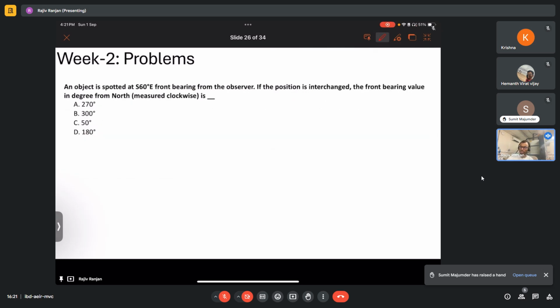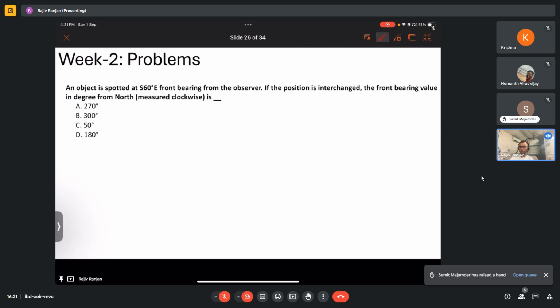Okay, so there is a next question. An object is spotted at south 60-degree east. This is north, this is south, this is east, this is west. From the observer, if the position is interchanged, the front bearing value in degrees from north, tell me.